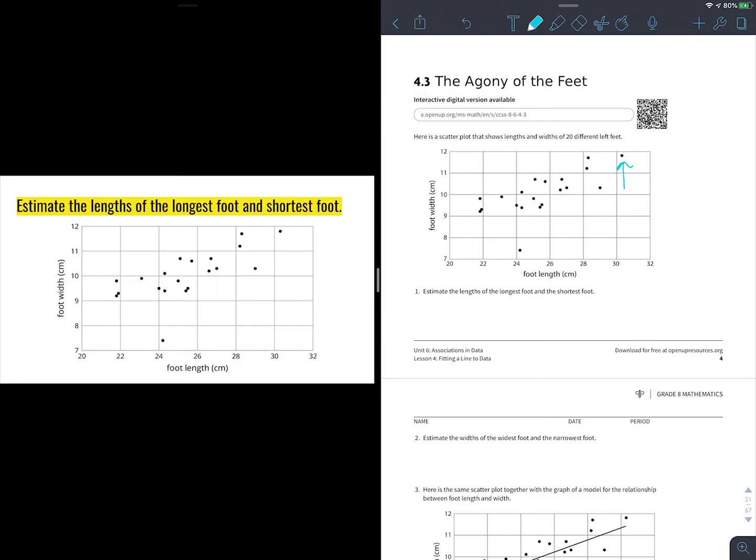So I'm going to estimate that to be close to about 30 centimeters, a little bit more. And then the shortest foot, let's see, here's going to be my shortest foot, close to probably 21 centimeters.